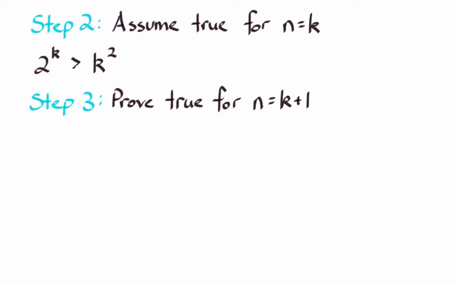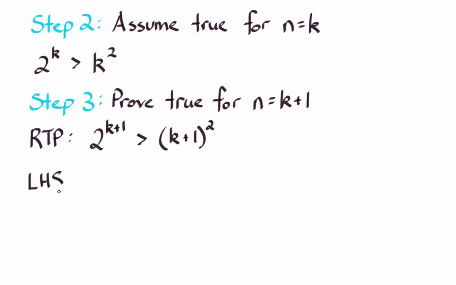So let's write out what we're required to prove first of all. We are required to prove that 2 to the power of k plus 1 is greater than k plus 1 all squared. And like usual, we'll start with the left-hand side and see what we can do with this. So the left-hand side is 2 to the power of k plus 1.